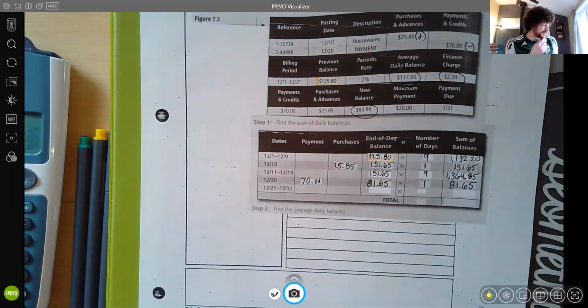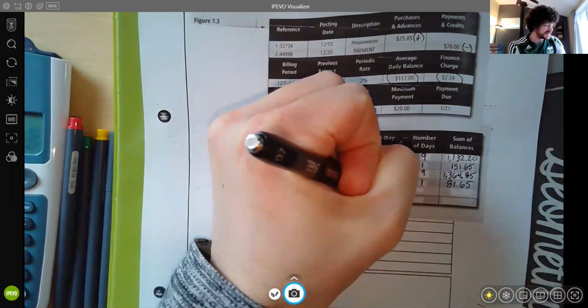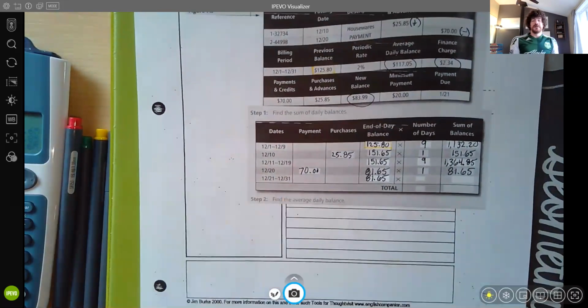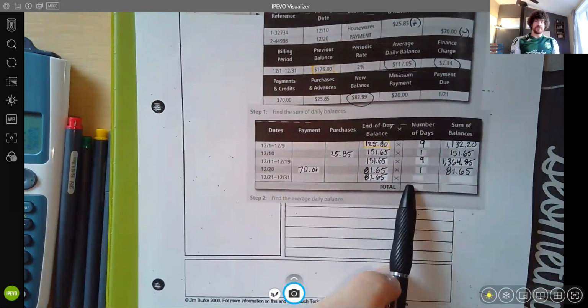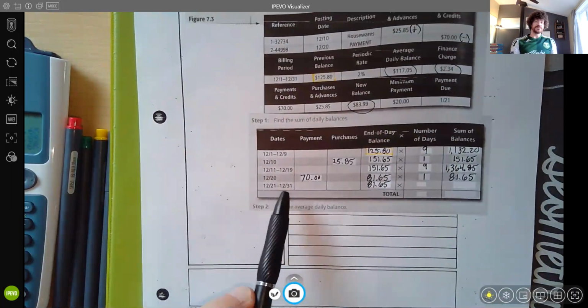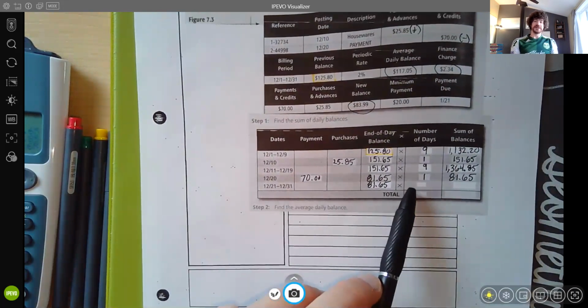All right. Now, the last bit here is maybe a little bit tricky. In terms of the end of the day balance, it's 81.65. How many days, and be really careful about this, what number of days are we going to plug in for this last number here? If it was December 21st through December 31st, what number are we going to put in for number of days?